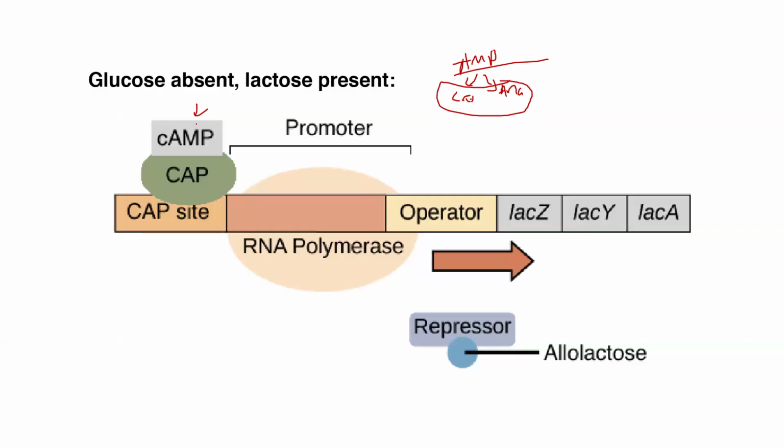So typically speaking, when AMP is in high amounts, it can be converted to something called cAMP, and cAMP is created by something called adenylate cyclase. So adenylate cyclase is a really critical enzyme that basically converts AMP to cyclic AMP.